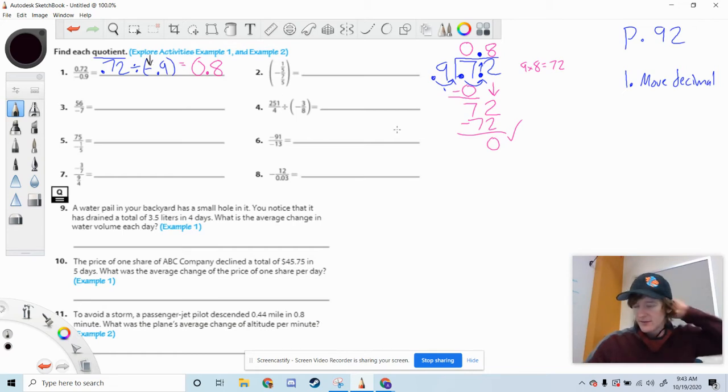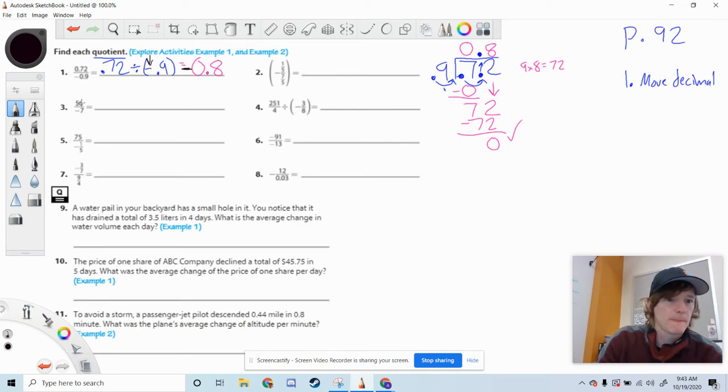This is going to be the same rule as we had with multiplying with negatives. If there was 1 negative, then our final answer is going to have to be negative. If there were 2, they would cancel each other off. But in this case, we have 1 negative, so our final quotient is negative 0.8, or negative 8/10.